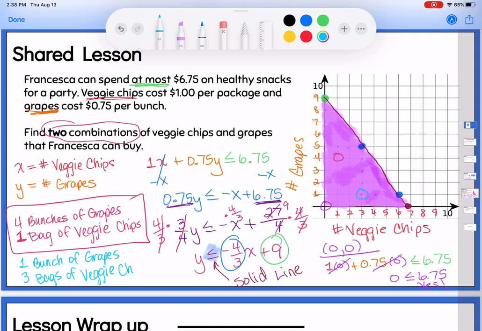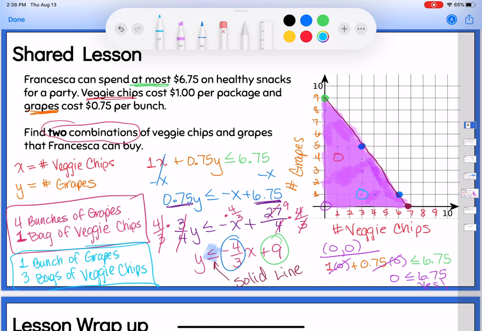Now, notice I did not write my answers as points on this one. I labeled each of those numbers, right? We're so used to pulling out, okay, here's the coordinates of my answer, but this was a real world situation. Those numbers have meaning. If I just said one good solution was 4, 1, 4 whats and 1 what, right?